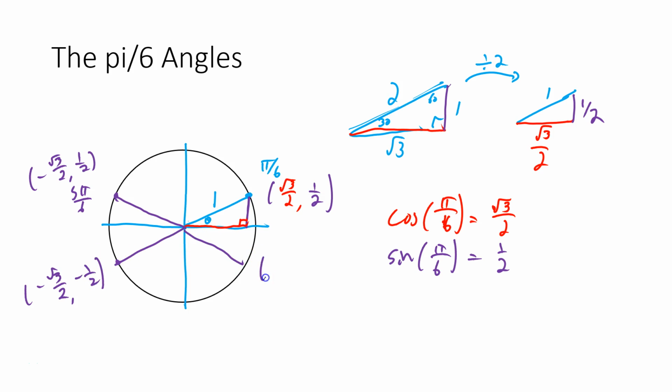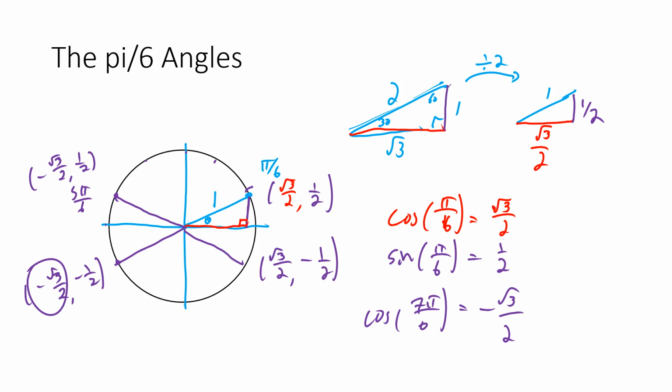Over here, we would have positive root 3 over 2 and negative 1/2. So using this, if we wanted to find cosine of, say, 7 pi over 6, 1, 2, 3, 4, 5, 6, 7. That's this guy right here, cosine, negative root 3 over 2.